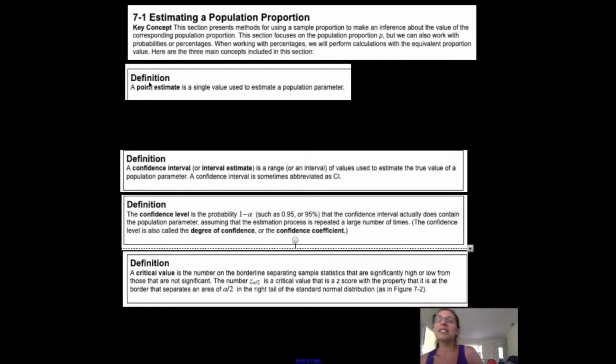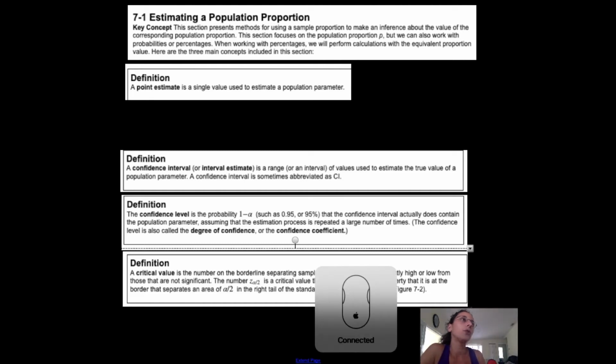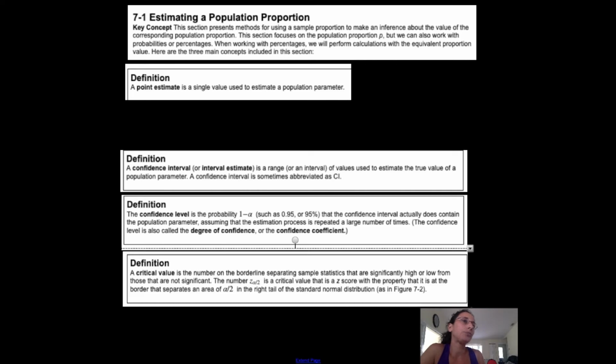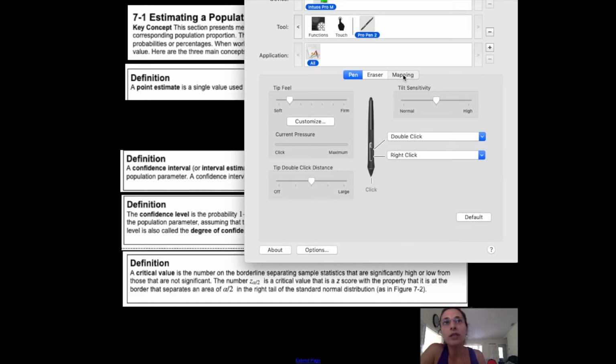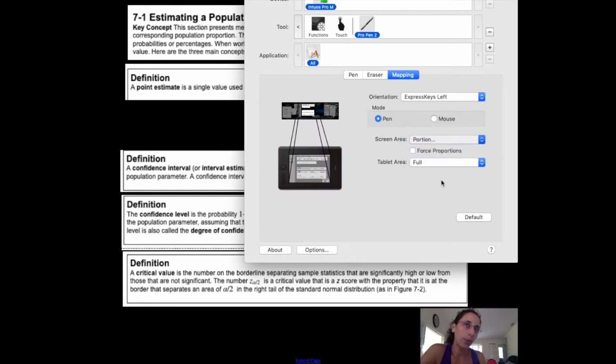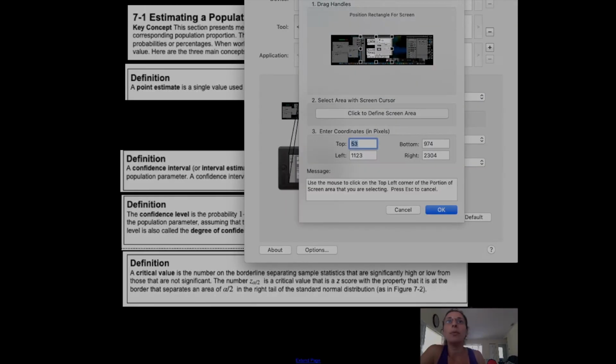A point estimate is a single value that is used to estimate a population parameter. So what do I mean? Obviously, if I'm going to approximate a population proportion, I'm going to use a sample proportion to approximate a population proportion, right?